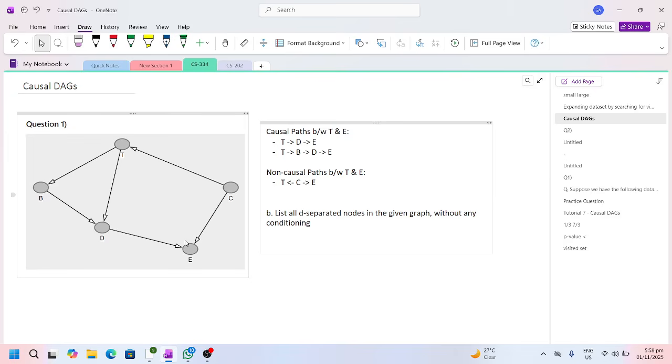So to sum it up, two nodes are d-separated if either there exists no direct path between them, or all direct paths between them are blocked by colliders. I will reiterate this once. Two nodes are directionally separated if either there exists no direct path or indirect path between them, or all paths between them are already blocked by colliders.